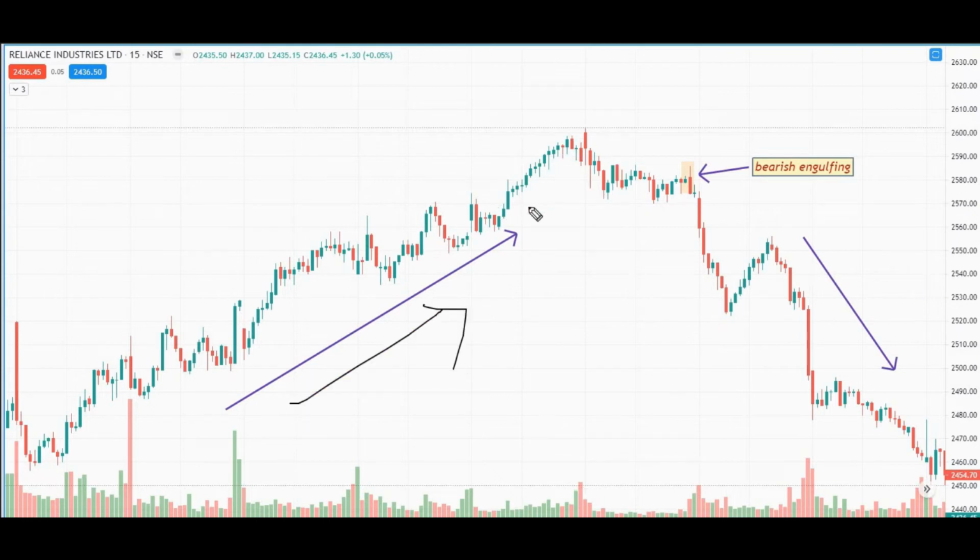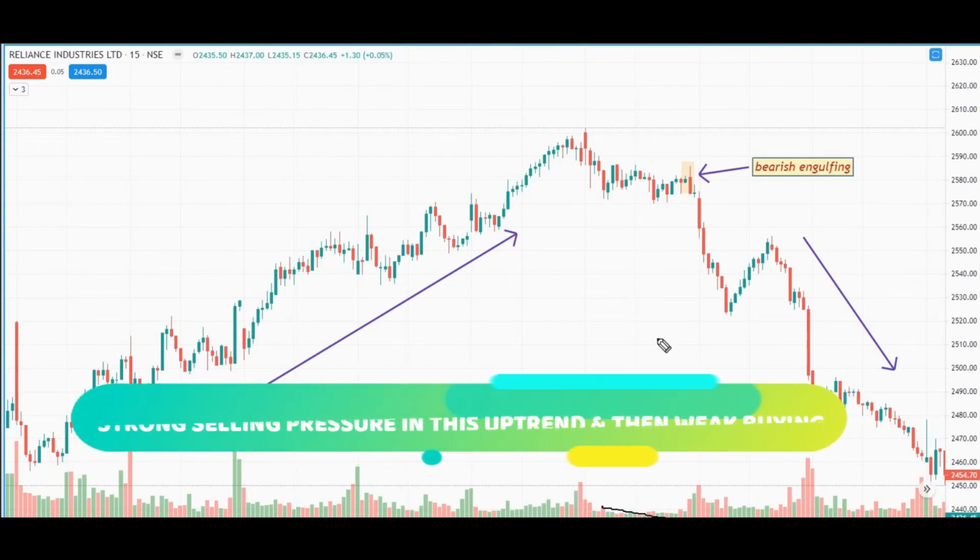Okay, but after the strong upward momentum, sellers for the first time in this uptrend came down heavily and pushed the prices towards the downside from this price areas. After this selling pressure, see the buying momentum, very weak, and see the volume, very weak volume.